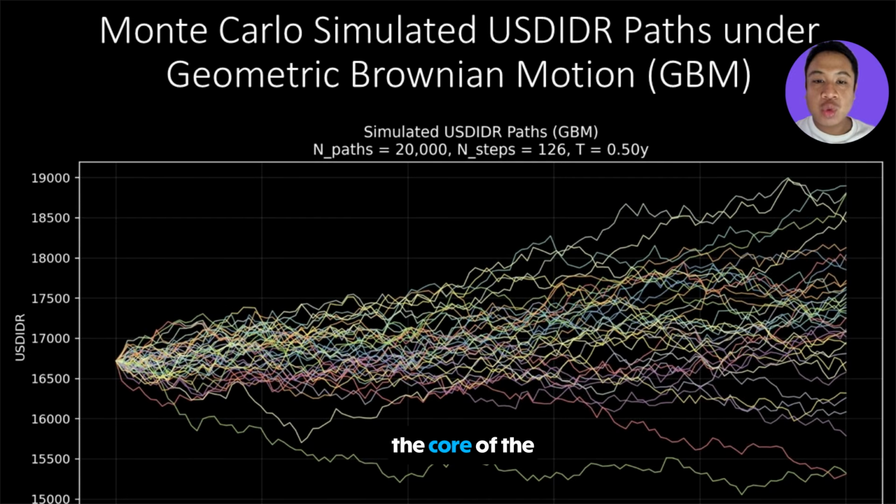Now we move to the core of the engine, simulated USDIDR paths under geometric Brownian motion. Each colorful line is one possible future path of the FX rate over the next 6 months. We simulate 20,000 paths, 126 time steps, roughly daily trading days, using the risk-neutral drift and the annualized vol we estimated earlier.